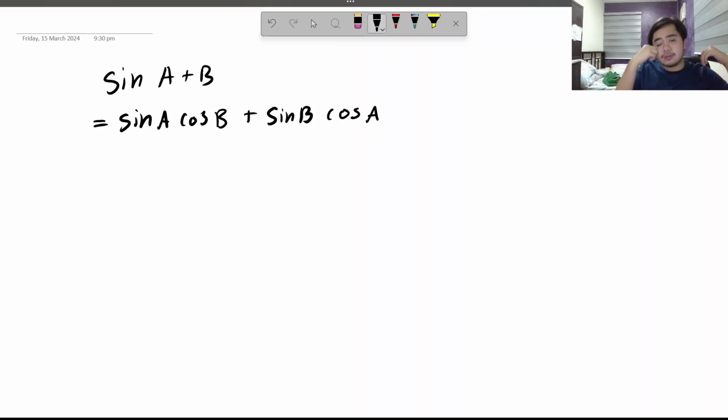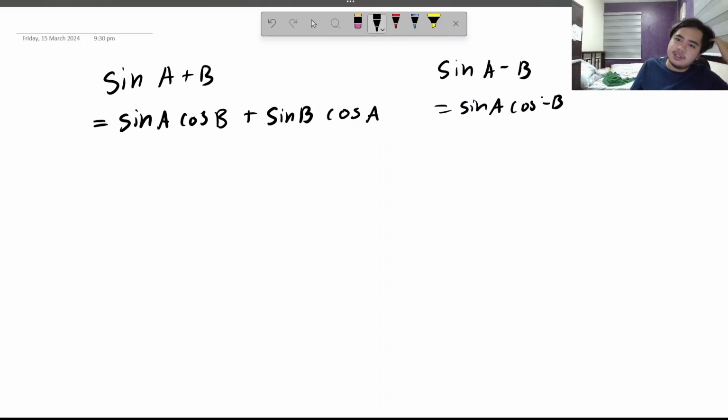Alright? And then sine a minus b is sine a cosine of negative b plus sine of negative b cosine a. Okay.